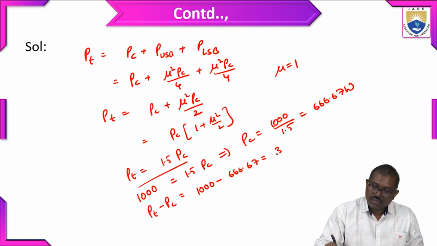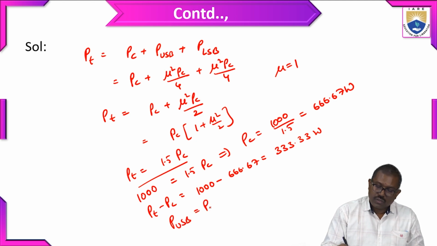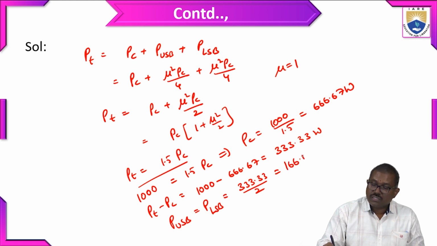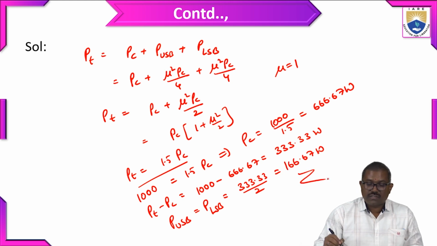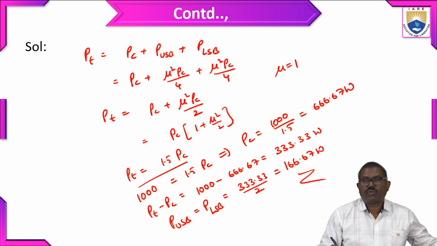It gives 333.33 watts. But for individual sidebands, PUSB is equal to PLSB is equal to this 333.33 divided by 2 gives 166.67 watts. So this is the solution for the given problem.